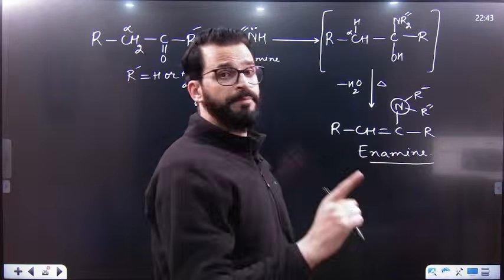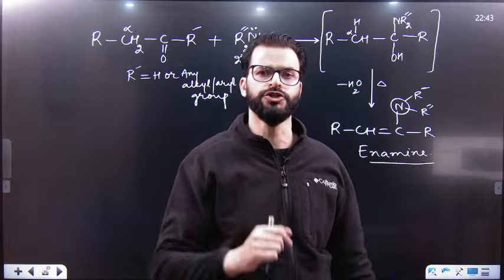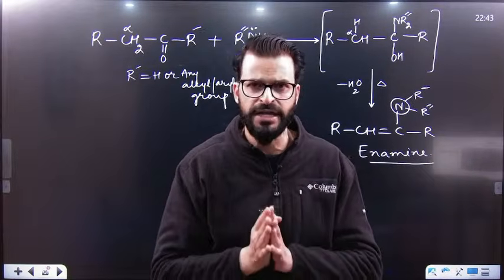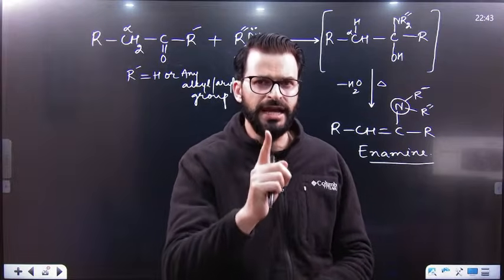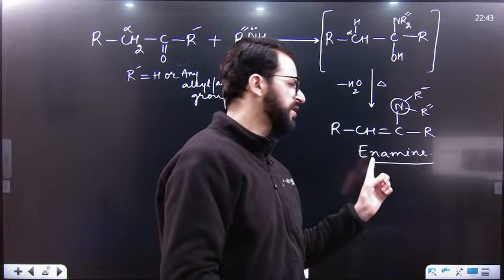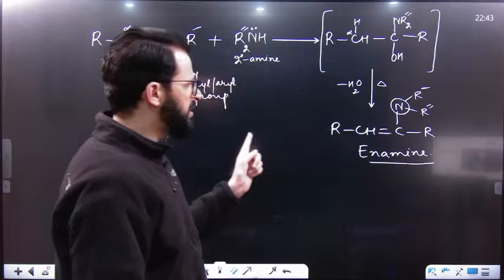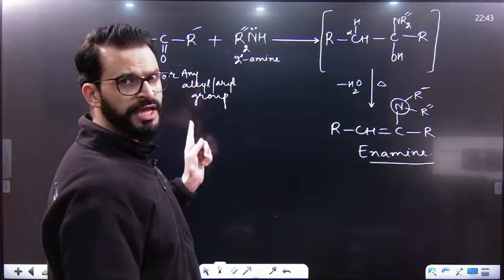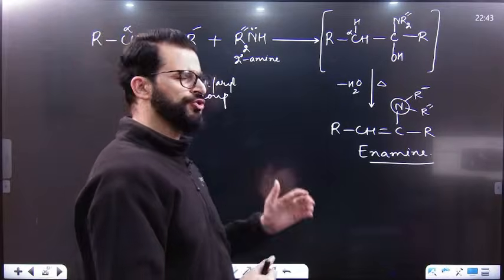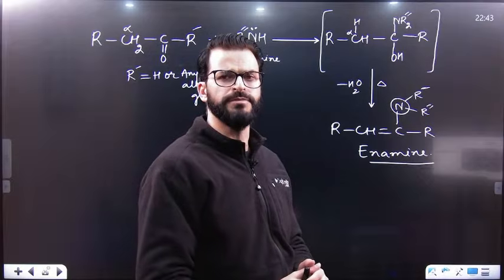So whenever a primary amine reacts with an aldehyde and ketone, we get Schiff's base. But if a secondary amine reacts with an aldehyde or ketone, the aldehyde or ketone must contain at least one alpha hydrogen, and after that it will result in the formation of enamine. This enamine can be further reduced by using H2 Raney nickel, or we can use sodium borohydride as a reducing agent, or sodium cyanoborohydride.